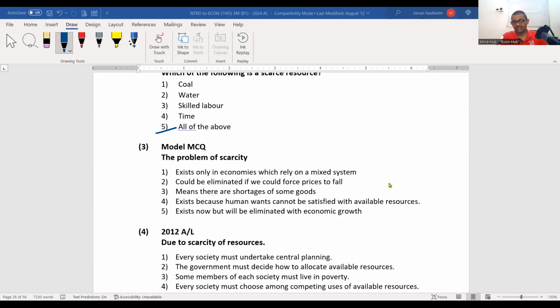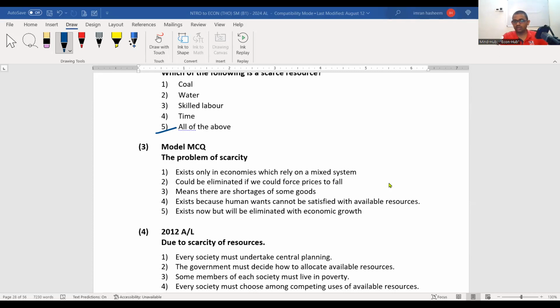So therefore, number 2 is incorrect, right? Number 1 is eliminated. Number 2 is eliminated. Number 3 means there is a shortage of some goods. If you understand why number 2 is wrong, number 3 you can easily understand why it's wrong, because scarcity and shortage are two different things.